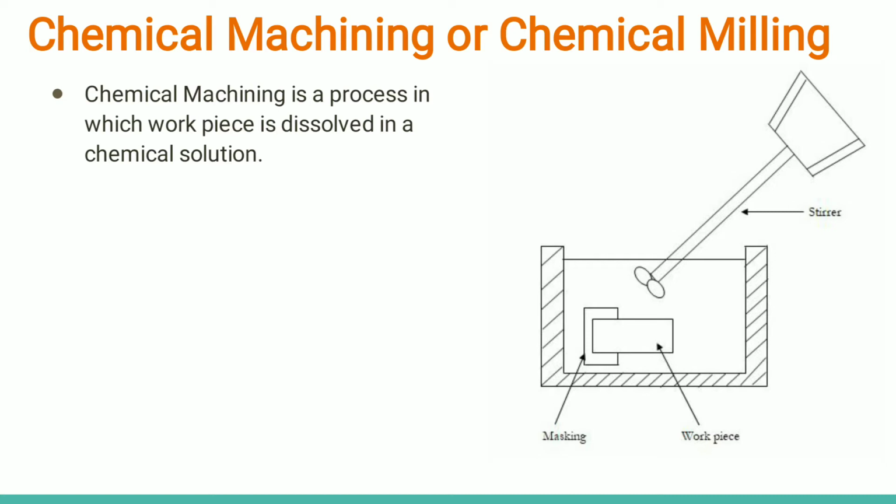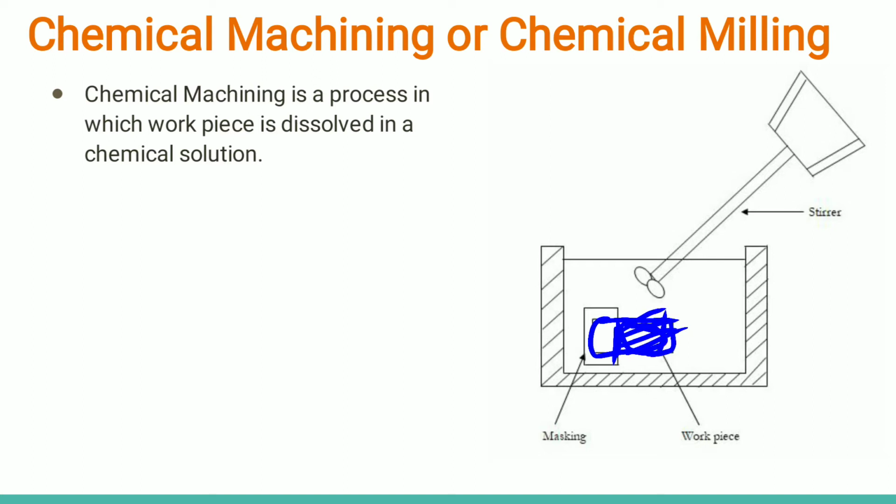Next is the workpiece. This rectangular cross section is basically the workpiece. From this cross section of the workpiece, we have to remove this much amount of material, this part.